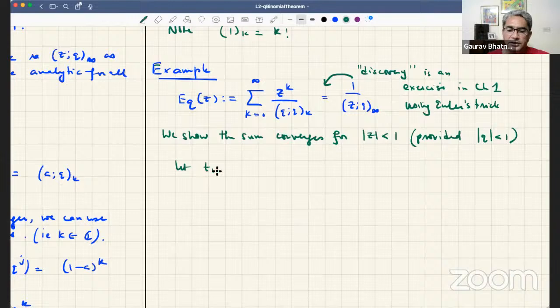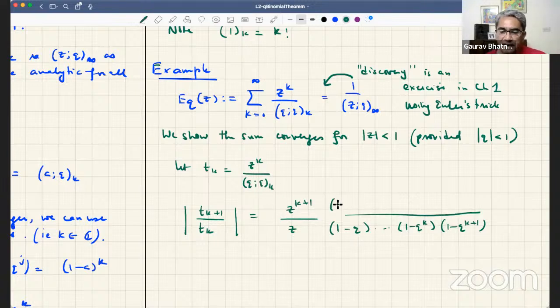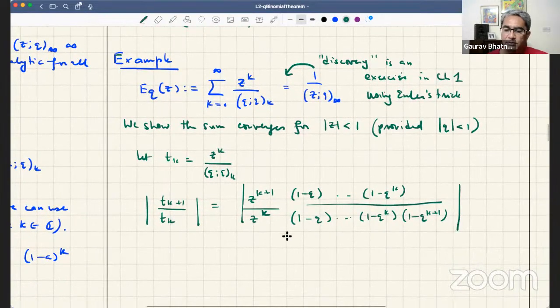Let t_k be equal to z^k over (q;q)_k. Then the absolute value of t_(k+1) over t_k is z^(k+1) over z^k, and at the bottom you have (1 - q)(1 - q^2) up to (1 - q^(k+1)), which comes from (q;q)_(k+1), and on the top you have (1 - q) and so on up to (1 - q^k).